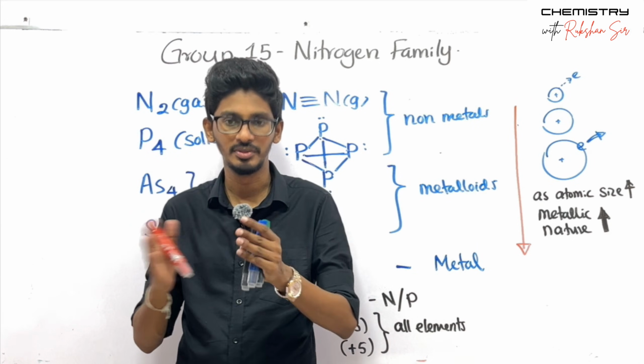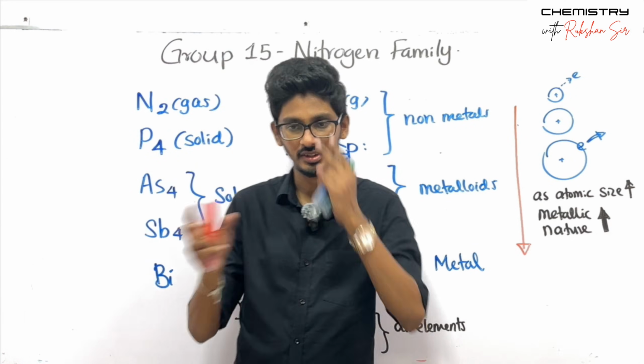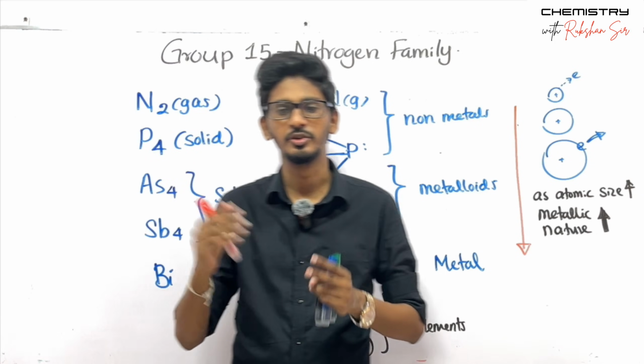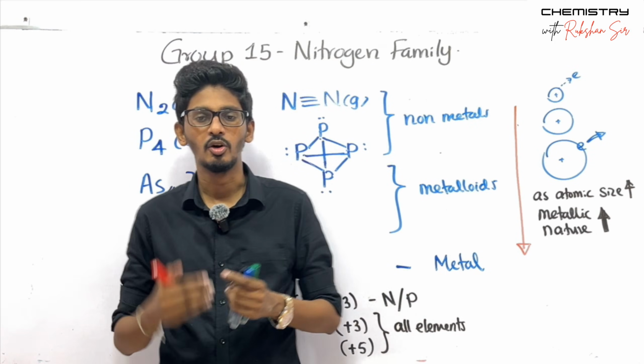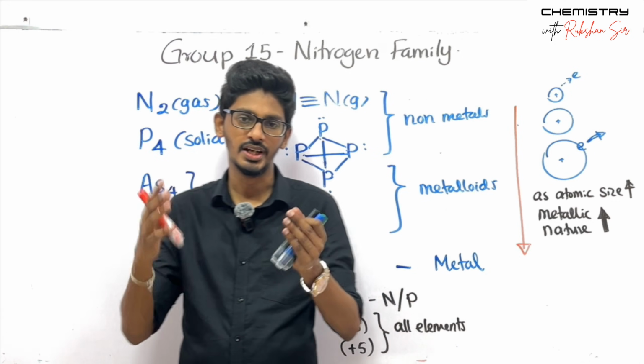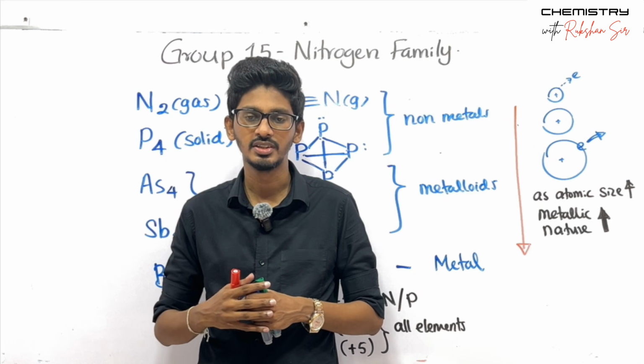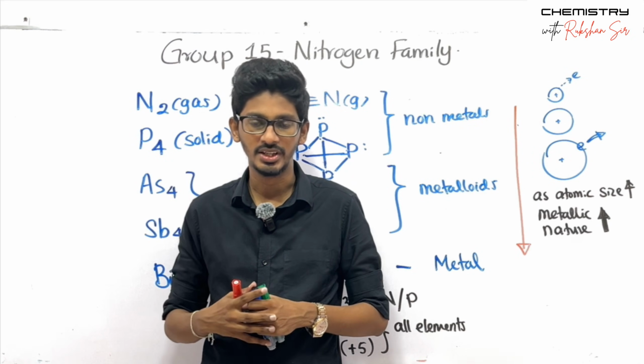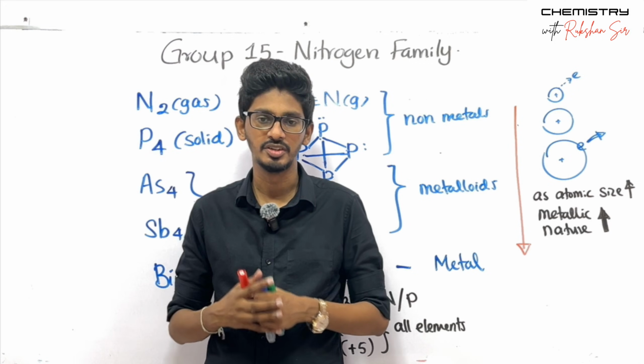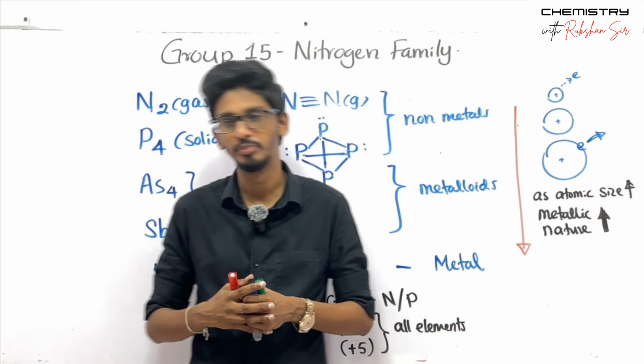You know how +5 came, right? So, highest and lowest oxidation states. The highest oxidation state comes when all the electrons are released. As you have 5 electrons at the valence shell, all 5 can be released to achieve the noble gas configuration. So the +5 is the greatest oxidation state of group 15.